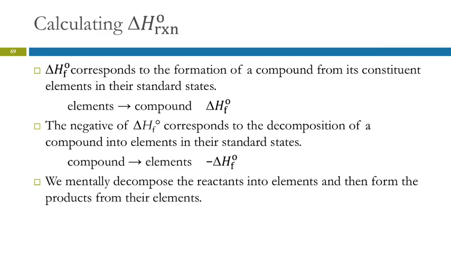We're not actually doing these reactions, but we can imagine taking the reactant compounds and pulling them apart into their constituent elements, so doing this sort of a reaction, and then taking that product and forming it from those elements that we tore apart. This works because of Hess's law and because this is a state function. All that matters is where you started and where you end up, not how you get there.